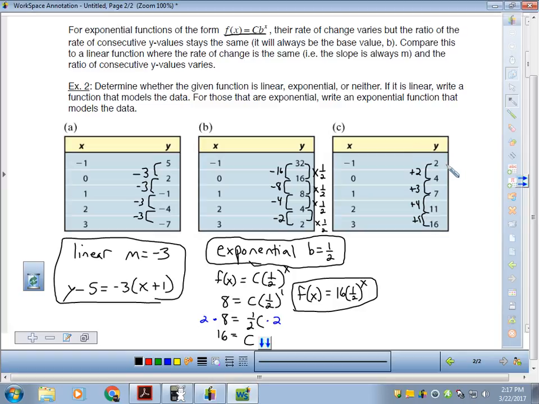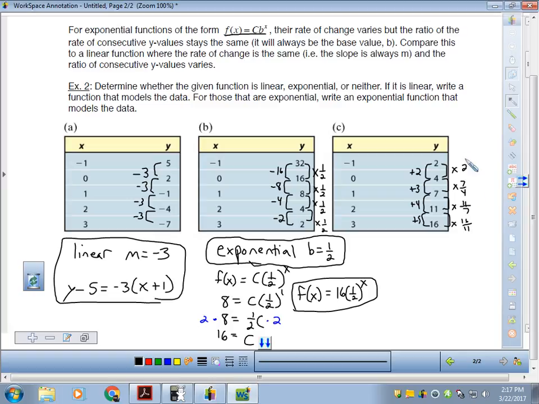Alright, let's check multiplication. Going from 2 to 4, that's multiplying by 2. Going from 4 to 7, that's multiplying by 7/4. Going from 7 to 11, that's multiplying by 11/7. Going from 11 to 16, that's multiplying by 16/11.